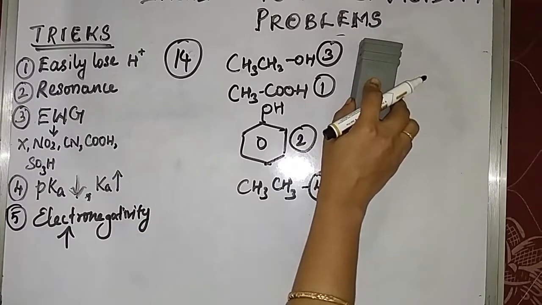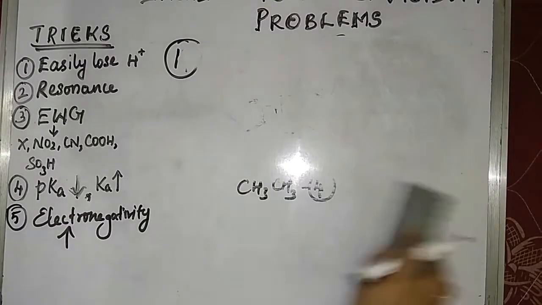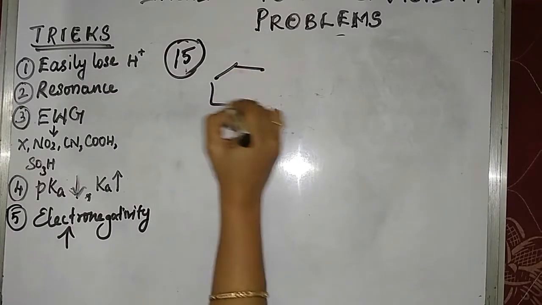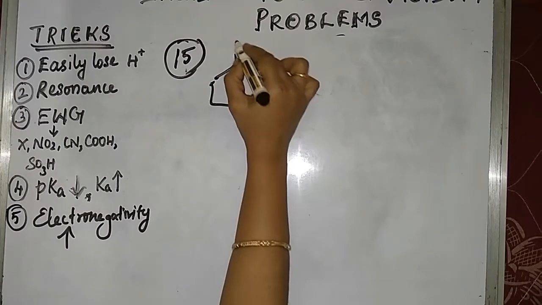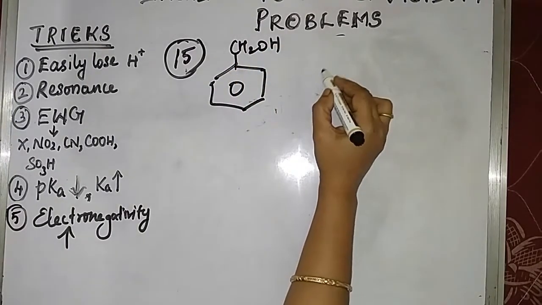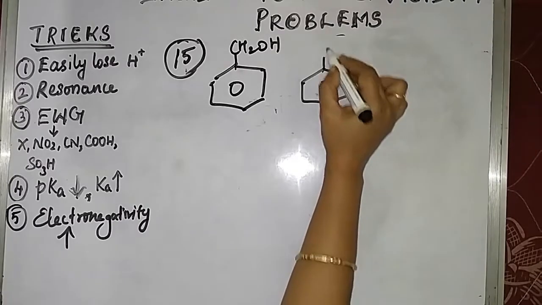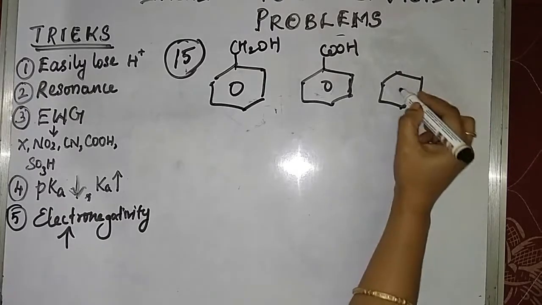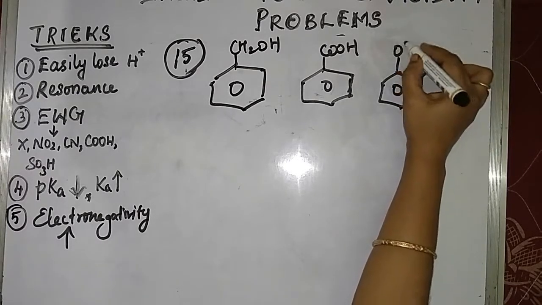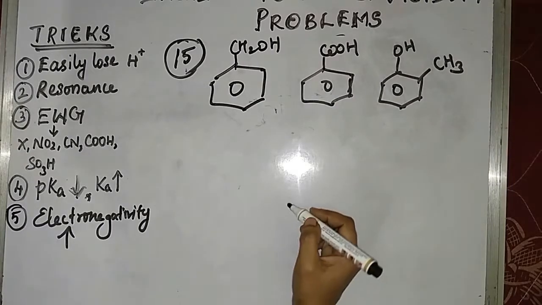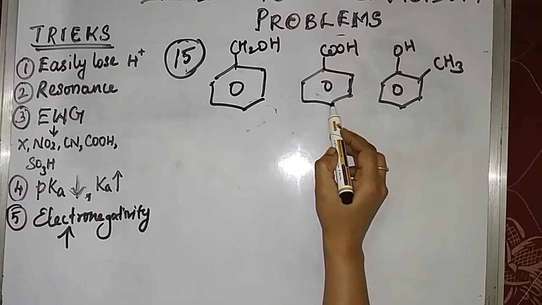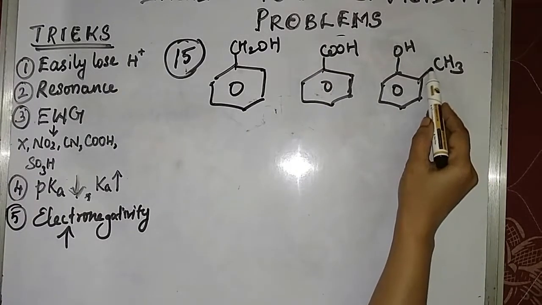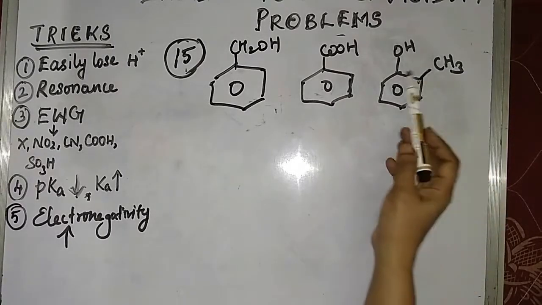Okay, and then the 15th one: benzyl alcohol, benzoic acid, orthocresol, with OH and CH3. See, in benzoic acid there is no CH2 group, but in these two there is an extra CH3 group, and OH is also there.